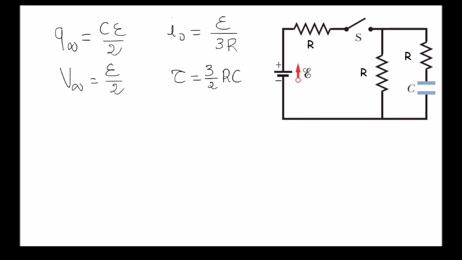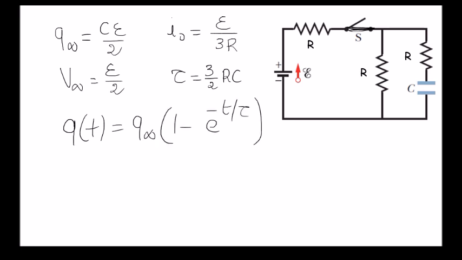Here I summarized all we found for this circuit during the charging process. So can we write the equation of the charge? Of course. Q of t equals Q infinity times 1 minus exponential minus t over tau, and the current is I naught exponential minus t over tau.